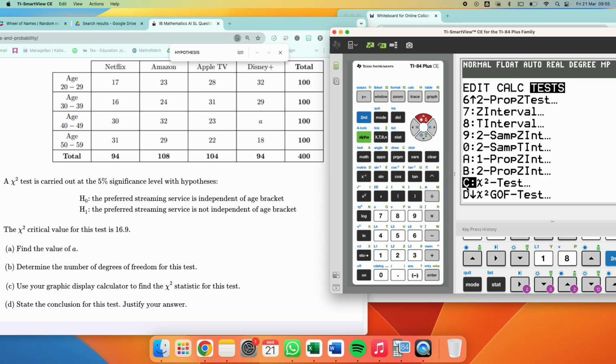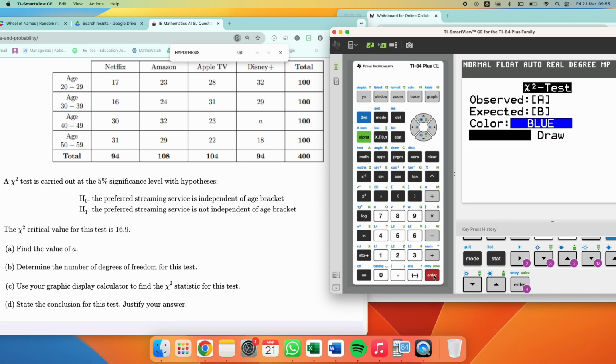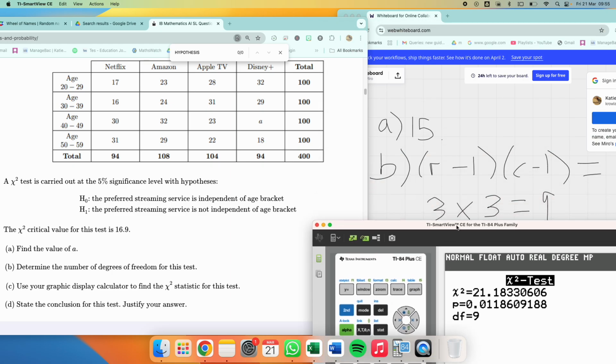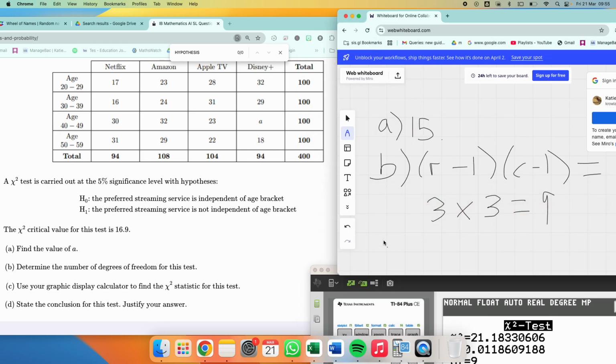So you select C for chi-squared test of independence, and in a future lesson we'll do D, which is chi-squared goodness of fit, which is not what we're doing today. You press enter and you can see the degrees of freedom is 9, so you didn't even need to know that formula. And then the chi-squared statistic is 21.2, rounded to 3 significant figures, or 1 decimal place, because the 1 rounds up to a 2.